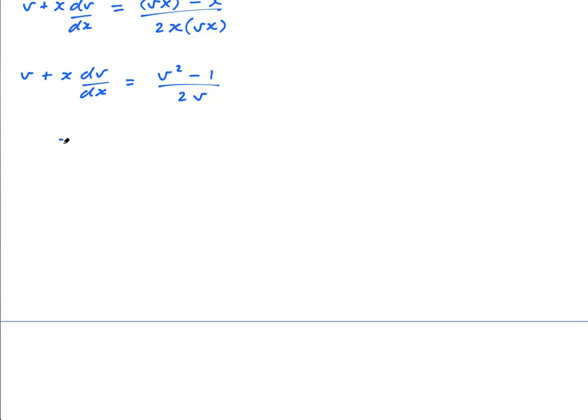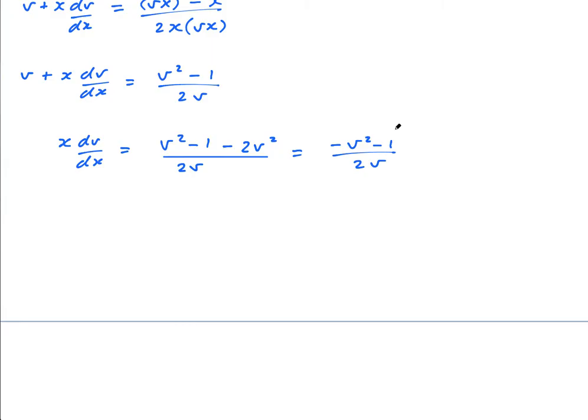So x dv/dx equals (v squared minus 1) over 2v, and I'm going to subtract v. I need a common denominator, so I'm actually subtracting 2v squared over 2v, because 2v squared over 2v is v. I just skipped a step, which is actually minus (v squared minus 1) over 2v.